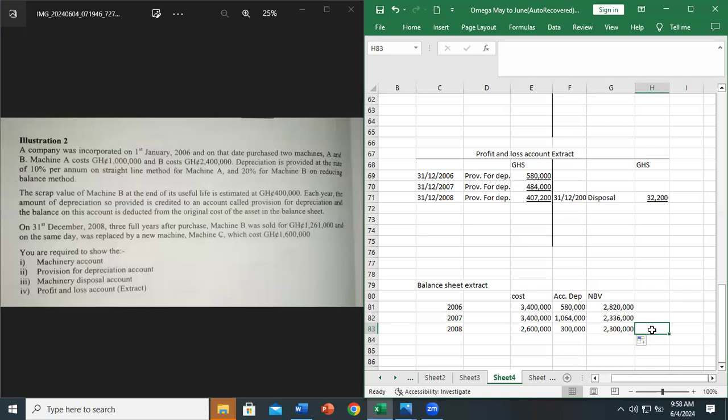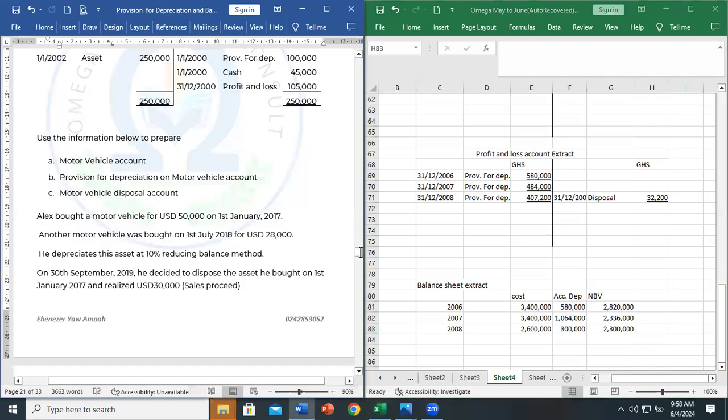So these are some of the policies I want us to look at, God willing, tomorrow, and solve the final question and wrap up with provision for depreciation. So please, God willing, tomorrow, come with all the questions and all the confusions.